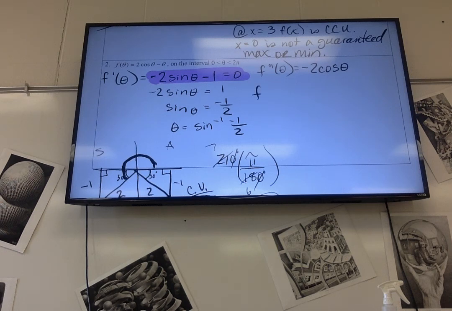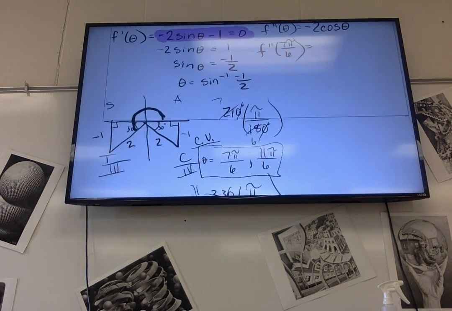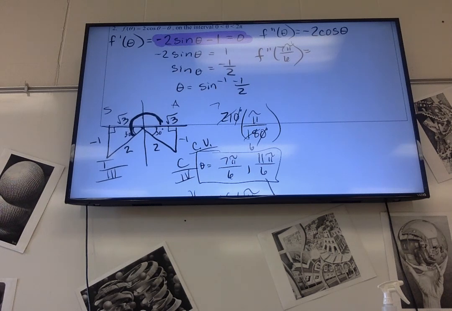And let's plug in 7 pi over 6. Cosine for the third quadrant is always going to be positive, square root of 3 over 2.